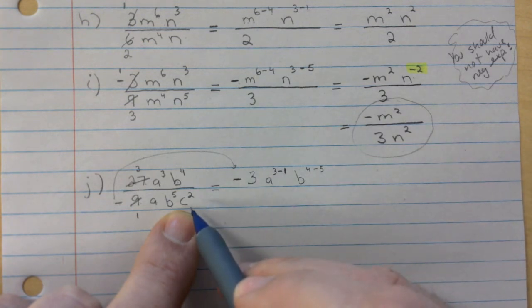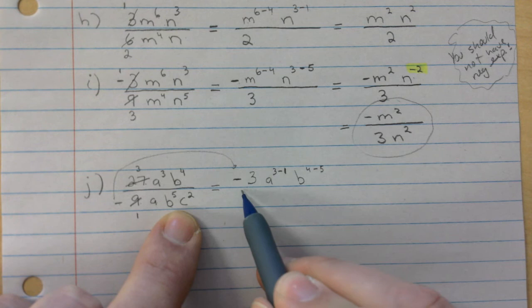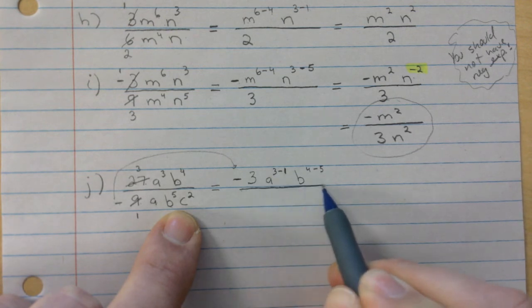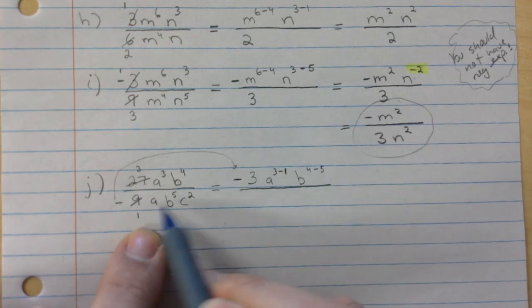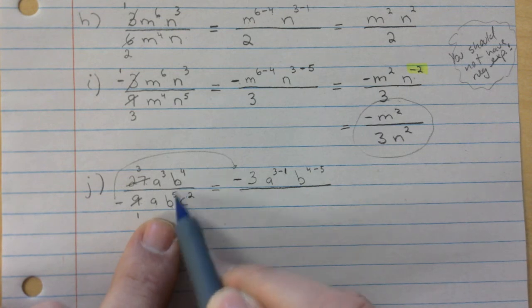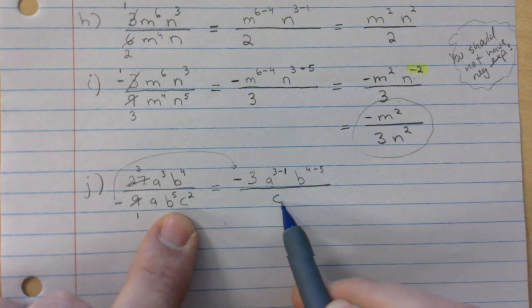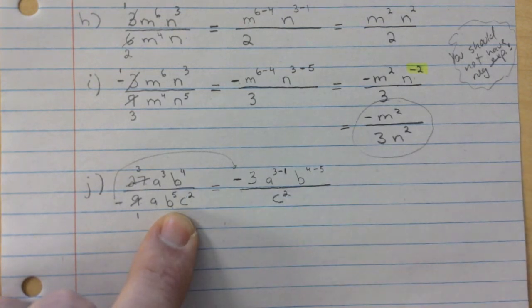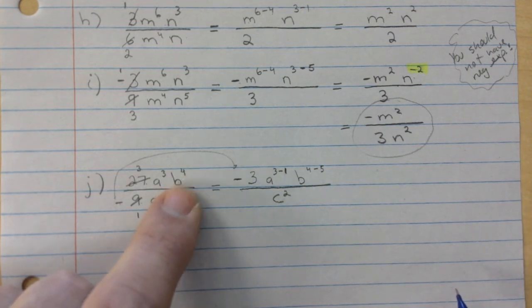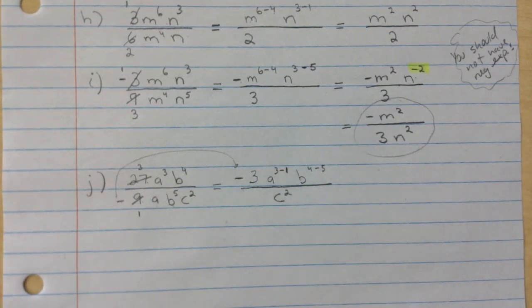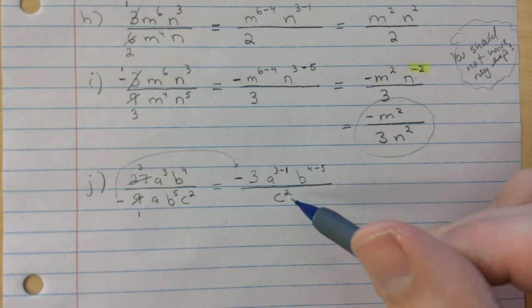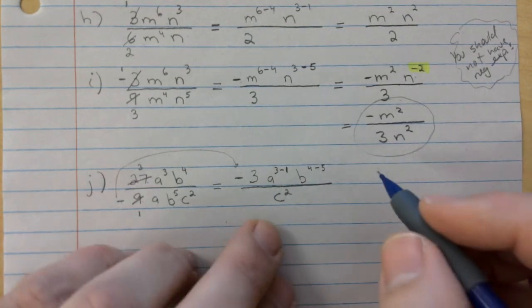Just leave it then. Don't do anything with it. So we go to the denominator, and what are we left with? We took care of a, right? We took care of b's. This c just stays there, because there's no like term upstairs, right? So just leave it like that. If you bring it up, then you're gonna have a negative, so you don't want that.